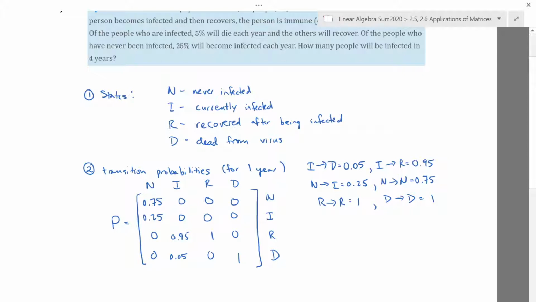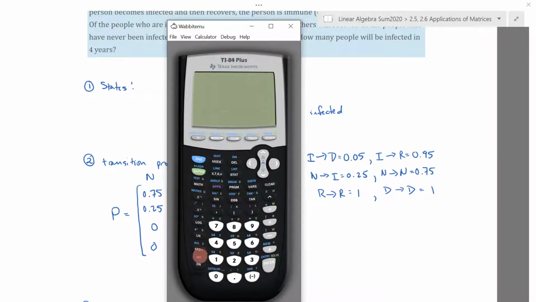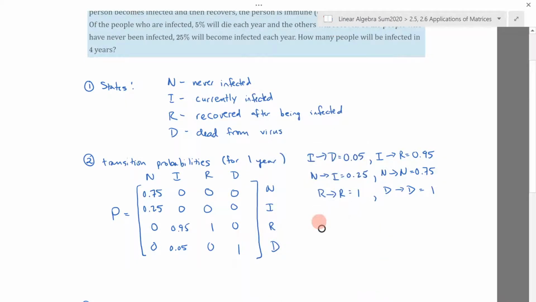Okay, so this is our transition matrix P. I've already entered it into my calculator. The first column is the 0.75 and the 0.25, the second column is these two probabilities, and then the third and fourth columns look like this. Okay, so this is my transition matrix.